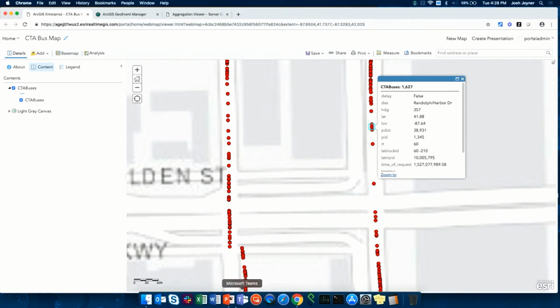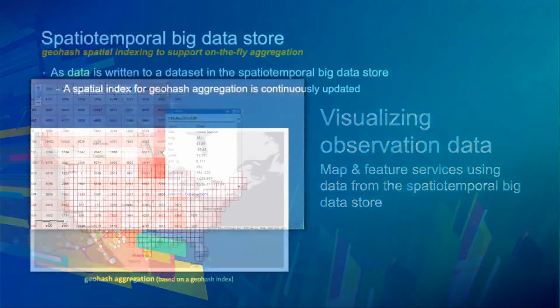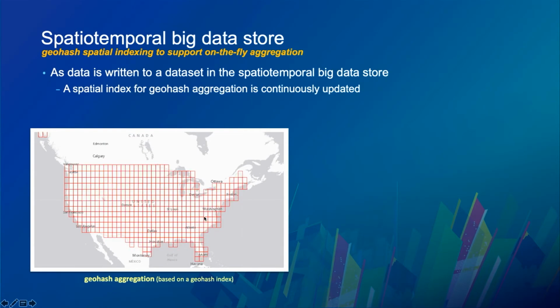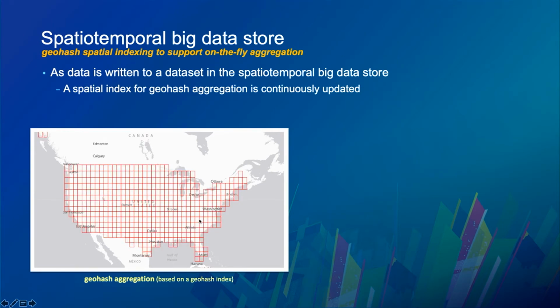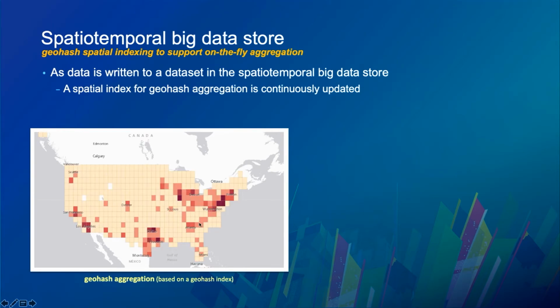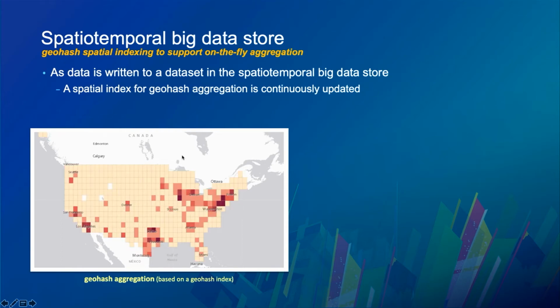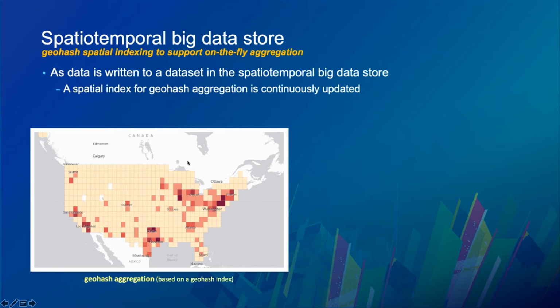Next, we'll show the different aggregation styles. First, we support geohash aggregation. The unique thing about geohash is it only supports WGS 84 and 12 levels of detail. As we'll show later in a demo, at higher latitudes, in some places the aggregation could be a little bit distorted or stretched.